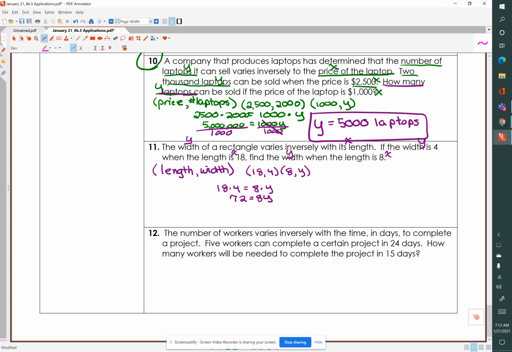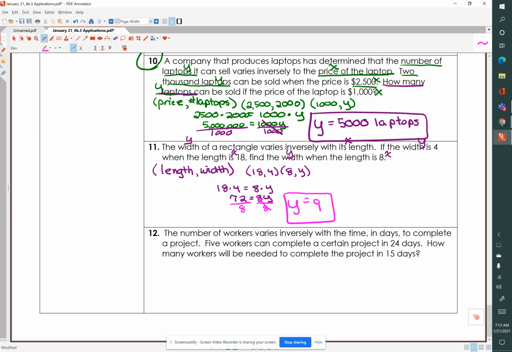And now we need to divide both sides of this equation by 8. And y equals 9. So we don't know what the unit of measure is. They didn't tell us if it's inches or feet or miles. So we're just going to leave it at 9. So the width will be 9 when the length is 8.